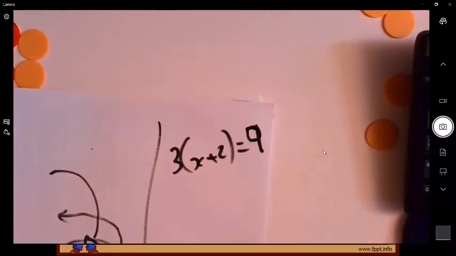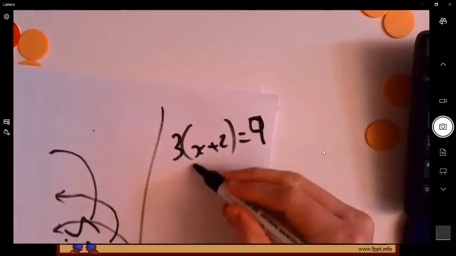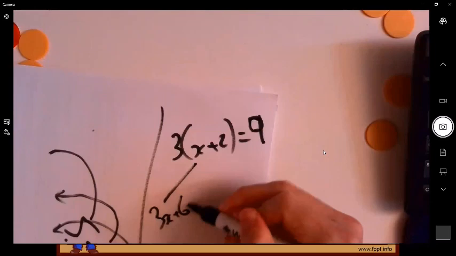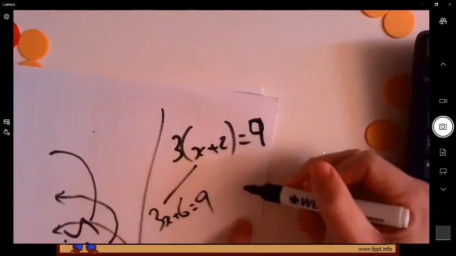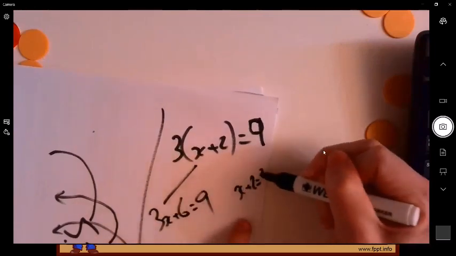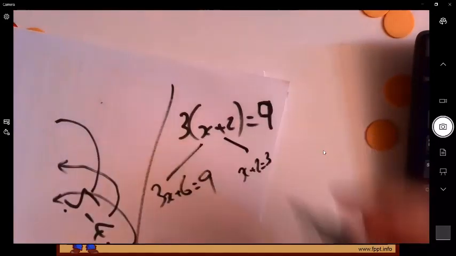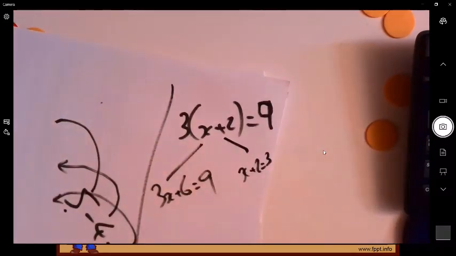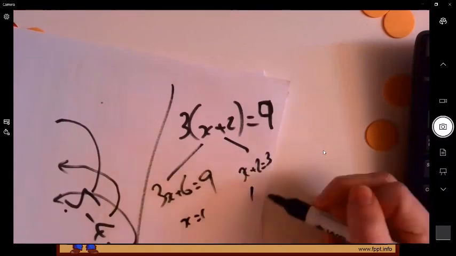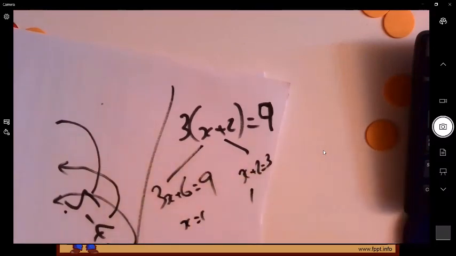Right, 3 loads of 3x plus 2. You could, of course, expand brackets and do 3x plus 6 equals 9, or you could divide both sides by 3 and have x plus 2 equals 3. And I think there's a really nice opportunity in lessons for mathematical reasoning. What's the same? What's different? Does it matter? In fact, no, we will get the same solution, x equals 1 for both of them, but comparing the two.